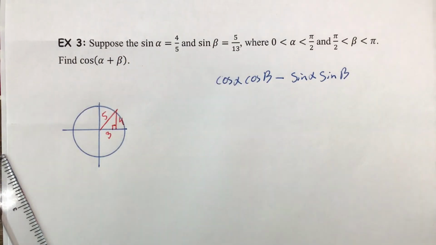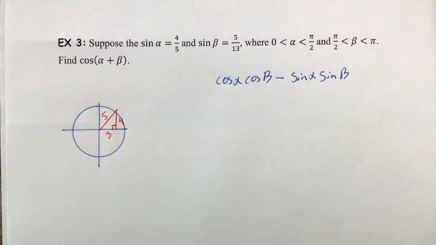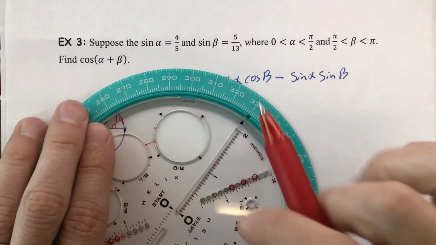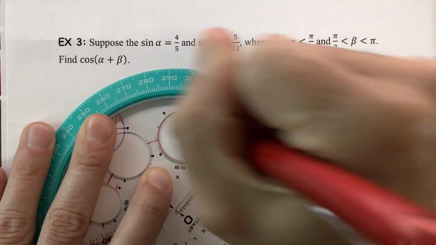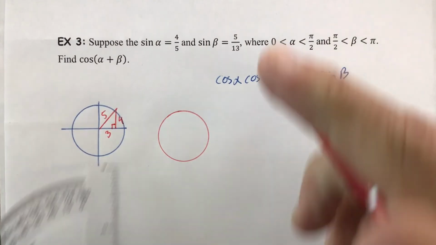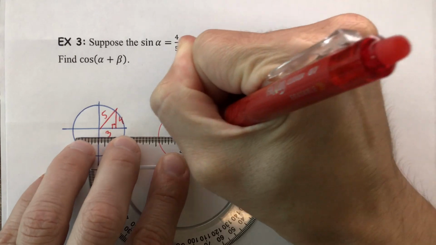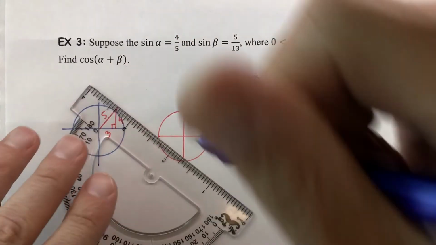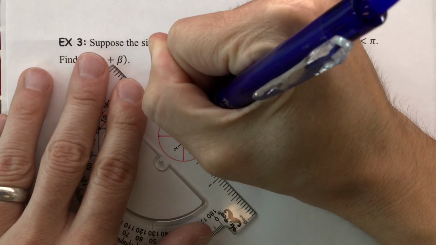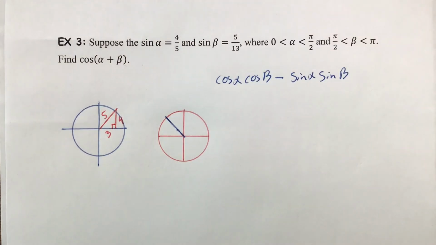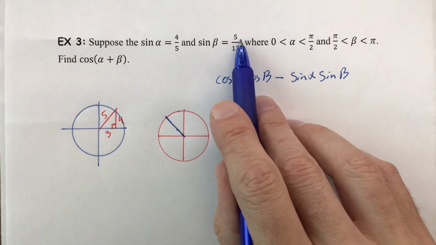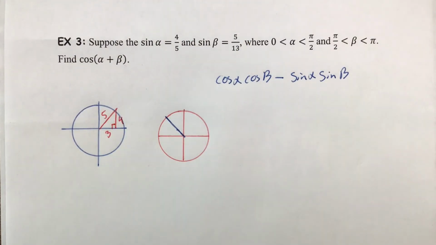Likewise, beta is going to be located in quadrant 2. So let's get beta out here. Again, I'm just going to draw it out there, not worrying about where exactly it is. The y value is going to be the 5, and the radius is the 13.